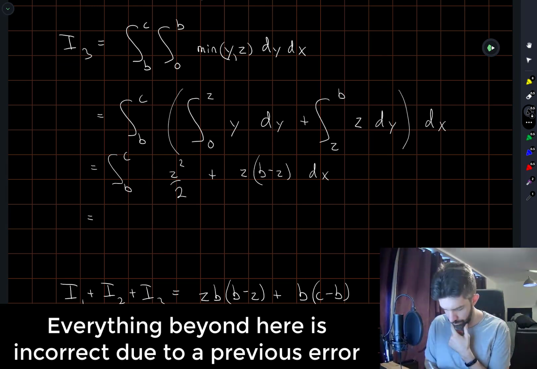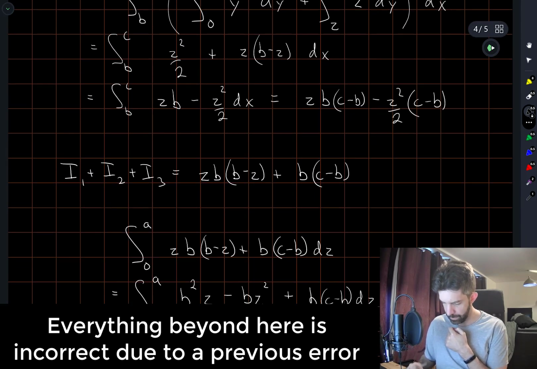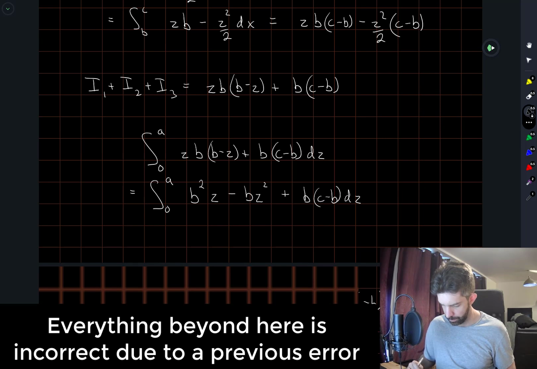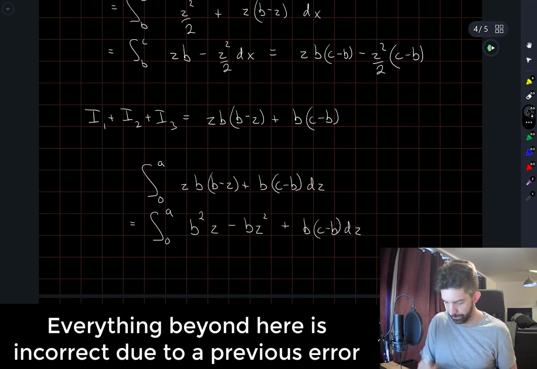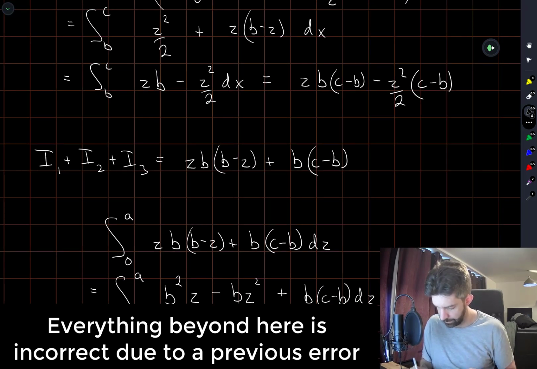So this is the integral from b to c of (zb minus z squared over 2) dx, which is zb(c minus b) minus z squared over 2 times (c minus b). Okay. I'm just going to redo everything below. I don't want to have to keep track of that single mistake.